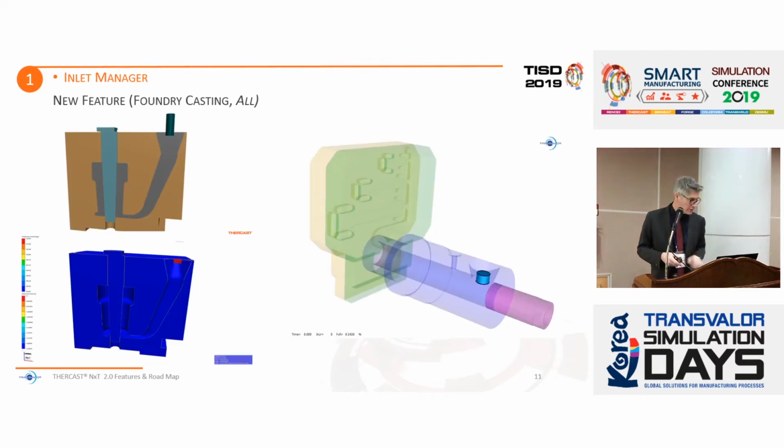So for example, in a casting setup, here we have the setup of the tutorial that has already been available in the version for a long time now, but in this new version we can fill it through an inlet, placed here on the top of the funnel.